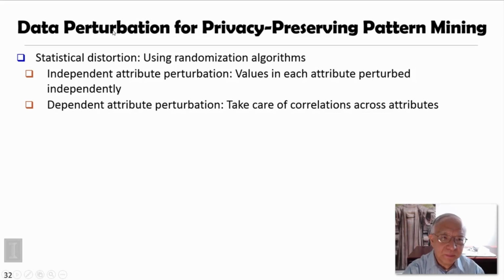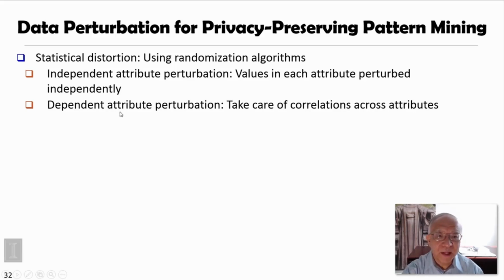Data perturbation, usually people use a statistical approach. That means using some randomization algorithms to distort the data. One way you can do it is what we call independent attribute perturbation. That means you take each attribute, and you perturb its values independent of the other attributes. You don't have to think about the other attributes existing. Like you perturb the zip code or you perturb the age, it doesn't matter.